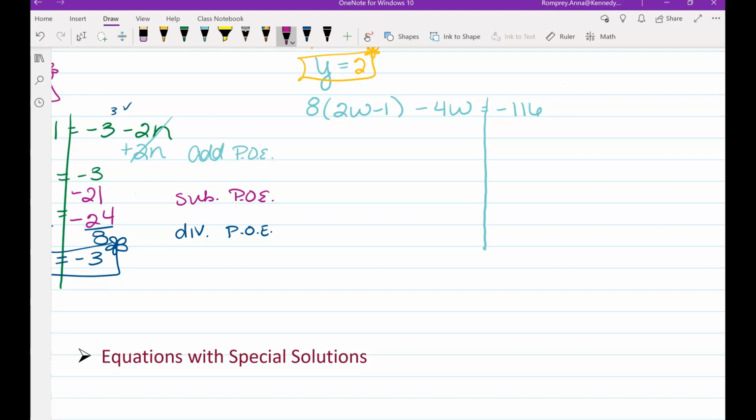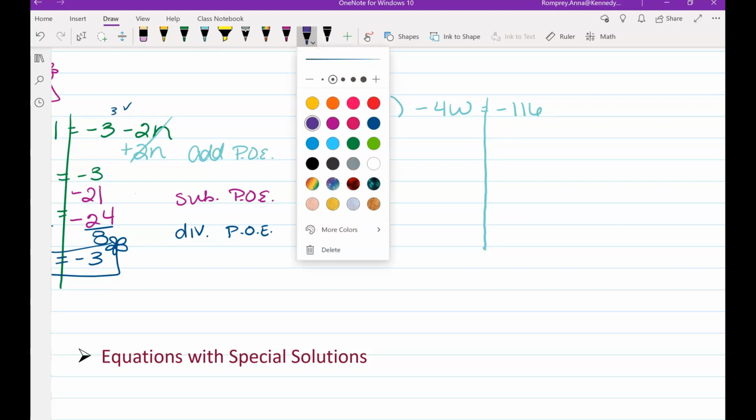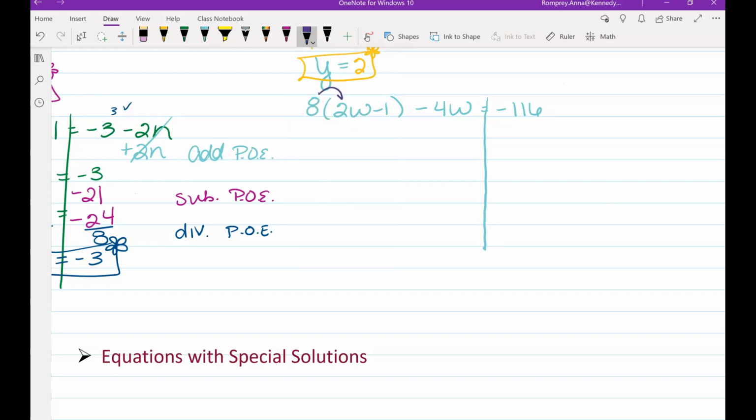So if we go ahead and start with distributing, we are going to distribute that 8. So 8 times 2w, 16w. 8 times negative 1, negative 8. Then I'm going to bring down the rest, minus 4w equals negative 116. All right, so we just used the distributive property.